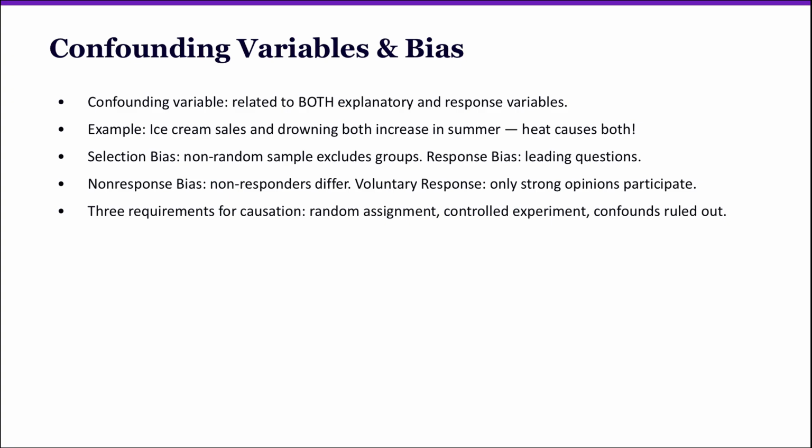So you have to have random assignment, and the experiment has to be controlled, so only the variable that we're checking for has to be the variable that differs between the control group and the testing group. And then finally, we have to make sure there is no confounding variable.